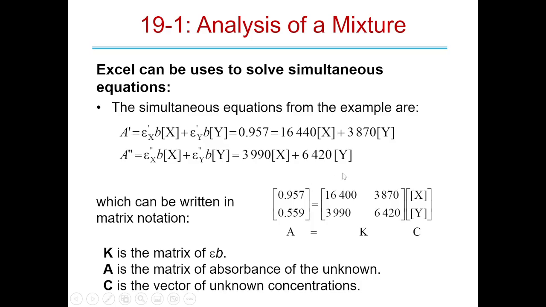Your two different wavelengths. You then have the molar absorptivities or extinction coefficients, which are these values here. It's each wavelength for the two different species, right? And then you have a matrix of your unknown variables, which are your concentrations of the two species. Everybody see that okay?